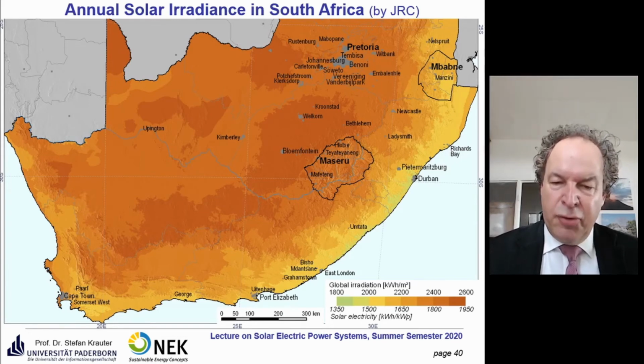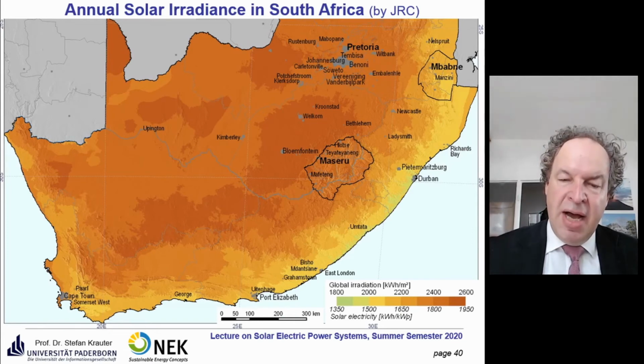For example, for a global irradiance of 2,400 kilowatt hours per square meter on the upper scale, in the lower part here we would have 1,800 kilowatt hours of electricity for a power plant with a nominal power of 1 kilowatt.